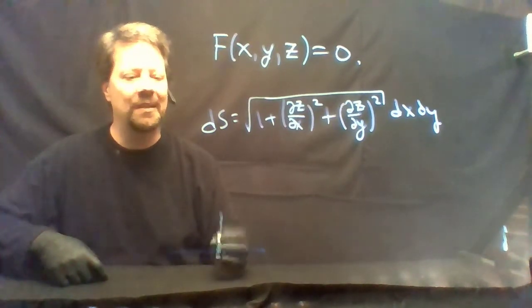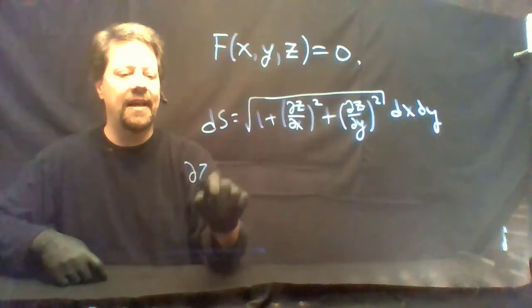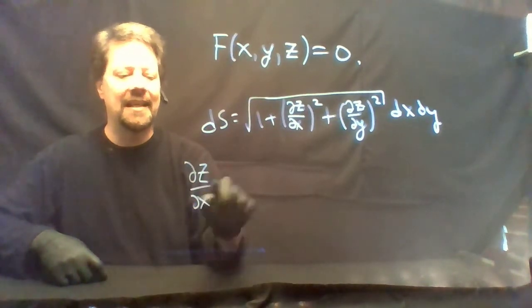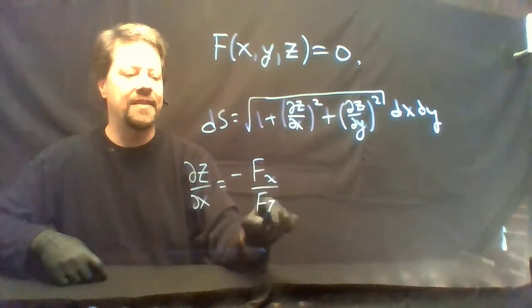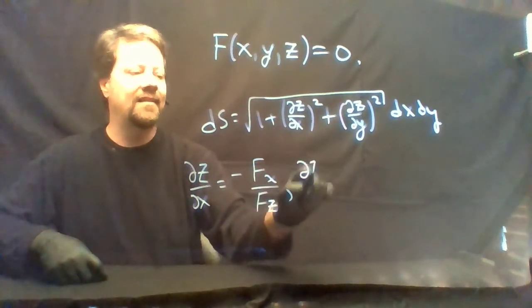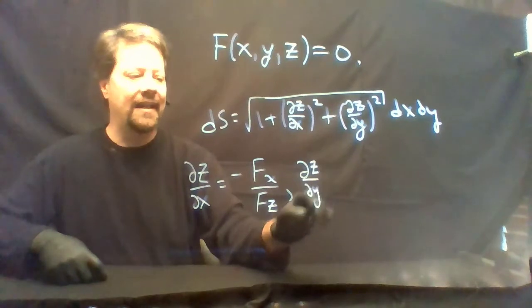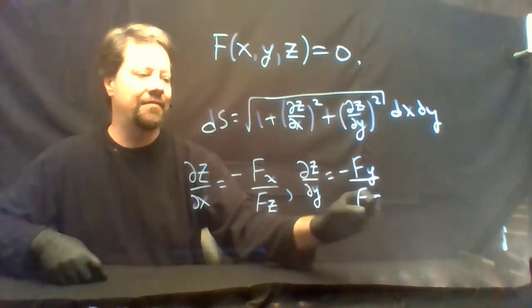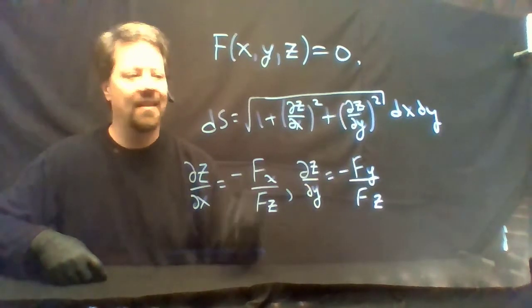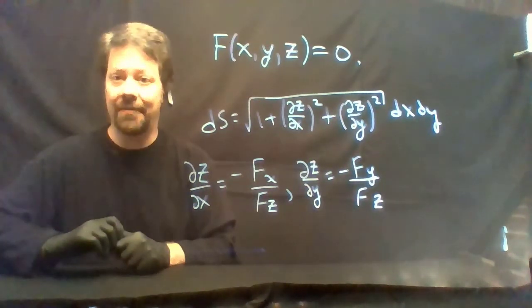We'll have to do that implicitly, though. You'll recall that implicitly dz dx is minus fx over fz, and dz dy is minus fy over fz. How does that affect our surface element formula?